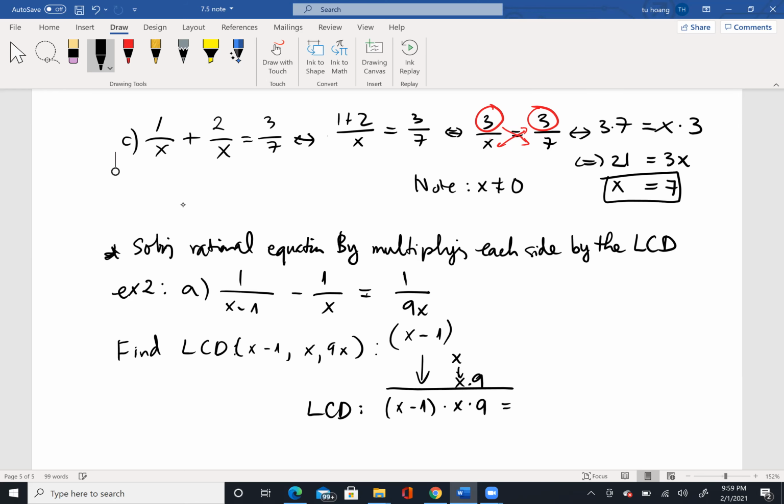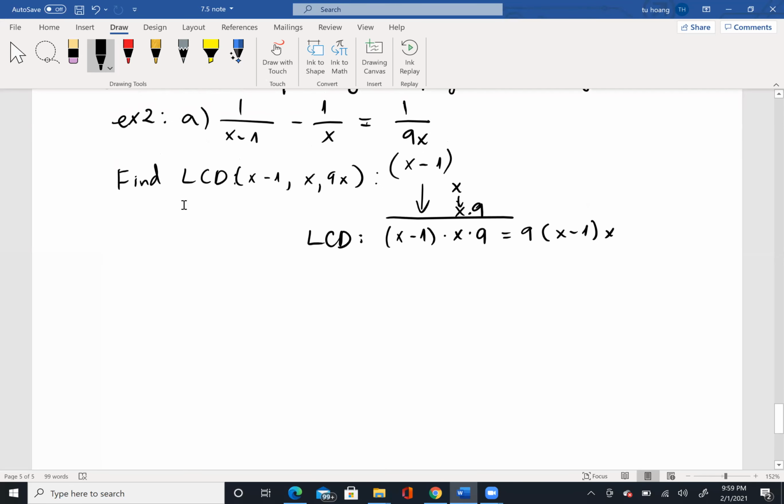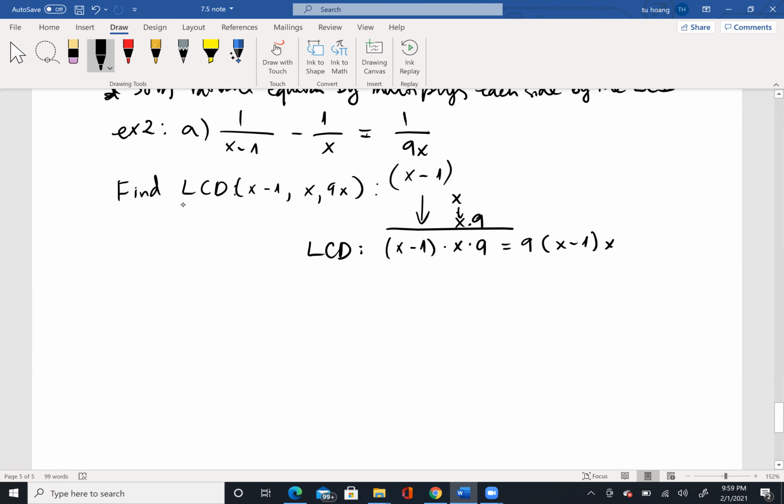So I can rewrite it as 9 times x minus 1 times x. So that is the LCD. So now what I should do is multiply the LCD with all the terms in the equation.